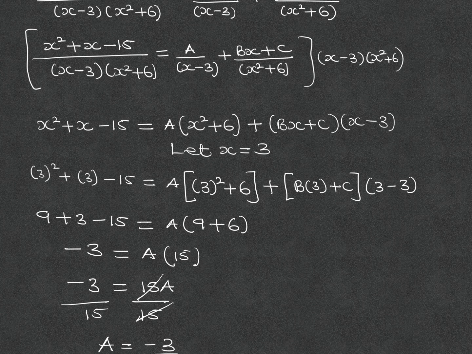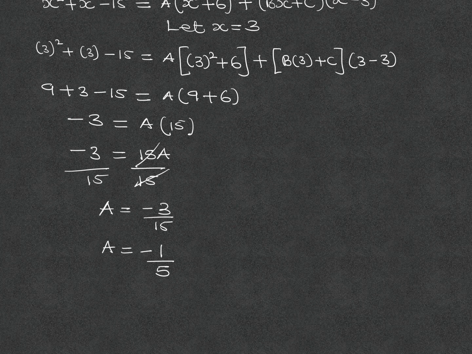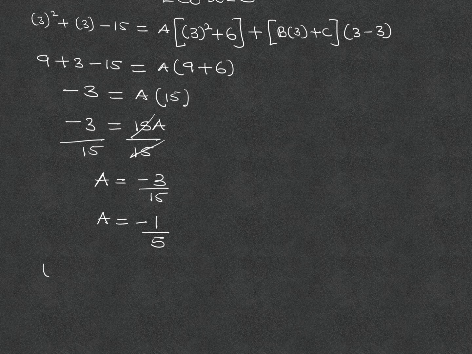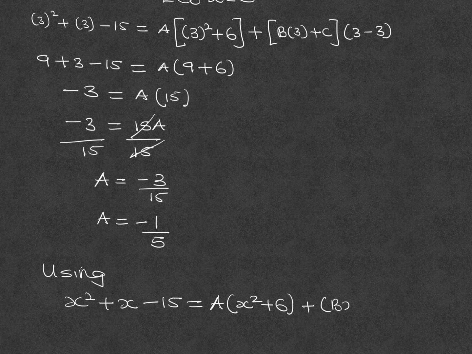Well, we still need to use this expression, expand it further, and then we can do comparison. Okay? Again, using x squared plus x minus 15 is equal to a into x squared plus 6 plus bx plus c into x minus 3.